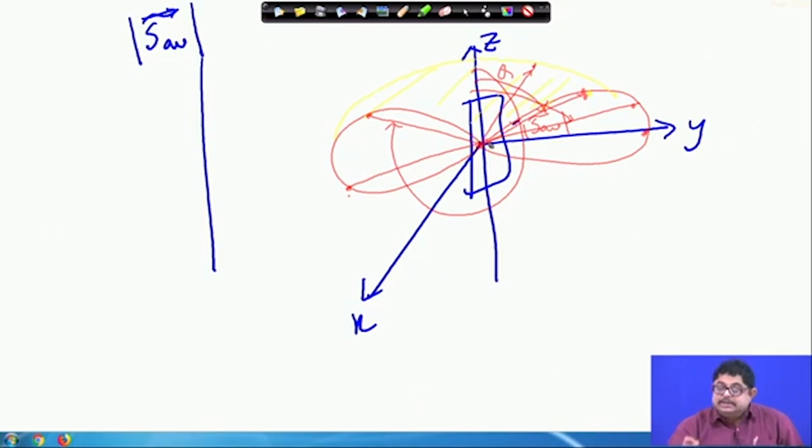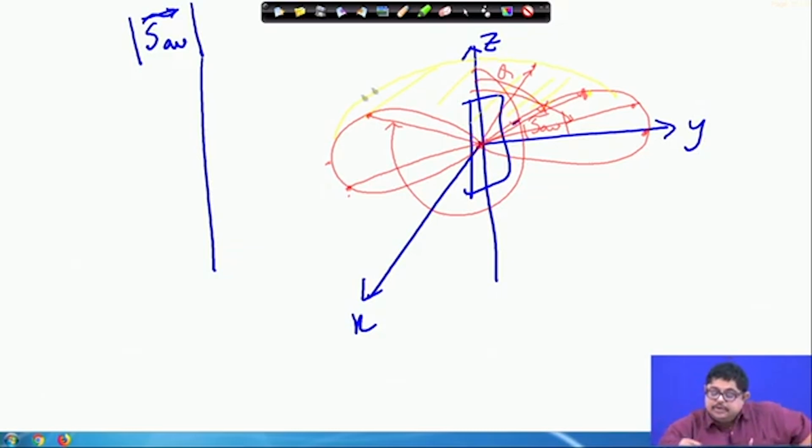and it is having a maximum broadside to this antenna. That means, this antenna is a line, 90 degrees to that, every side on this line, here is maximum, here is maximum, here is maximum.